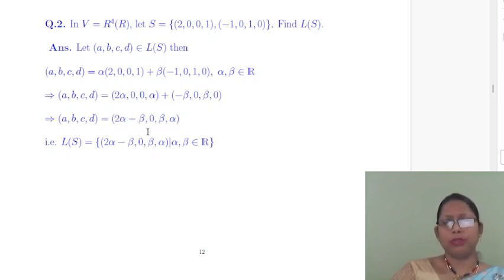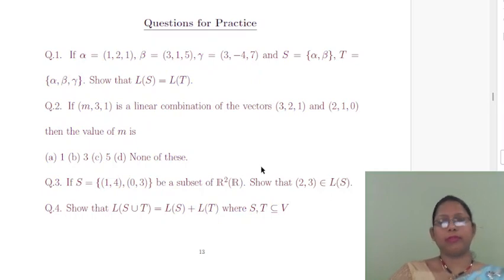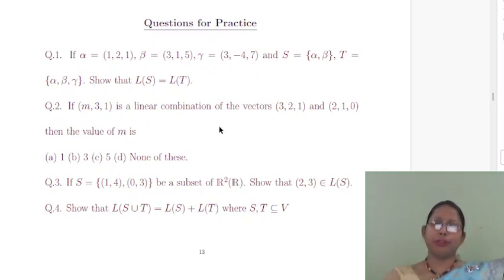So the linear span will contain only such elements. So here the linear span consists of (2 alpha minus beta, 0, beta, alpha), where alpha, beta belong to R. These are your questions for practice.